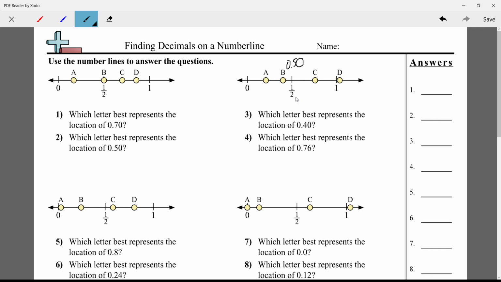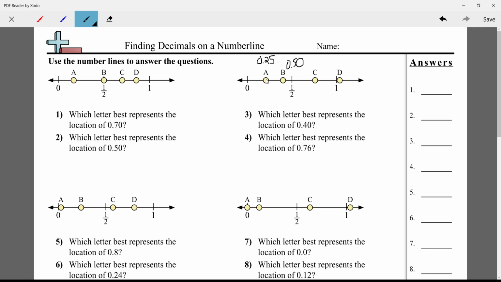Okay? So, 4 tenths. Now this one, as we said, halfway between 0 and 1/2, A looks to be right around halfway between those, right? Halfway between 1/2 and 0, which would be 1 quarter or 25 hundredths.